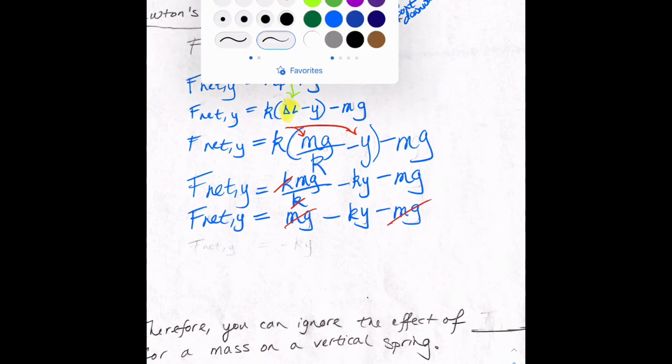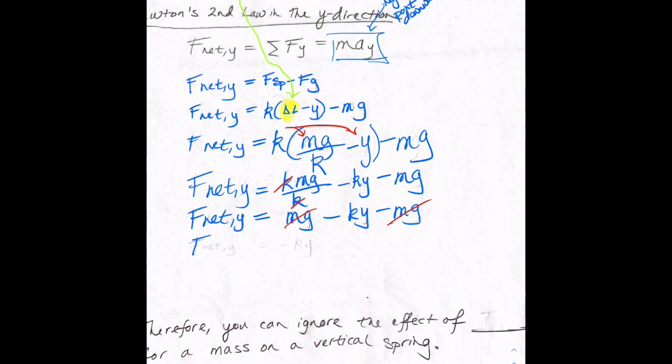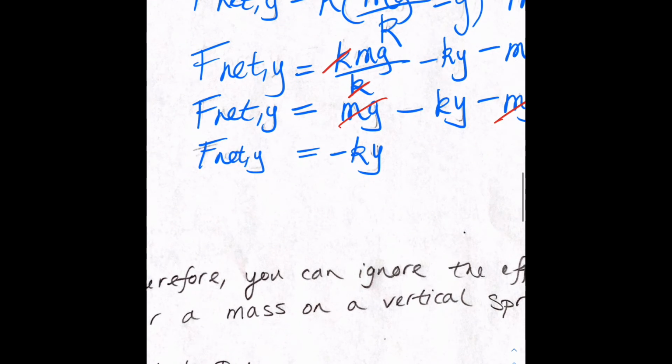And we're going to be left with a linear restoring force. If you think about it, this is the same as if the mass was oscillating on a horizontal surface without friction, right? It's the same exact thing.